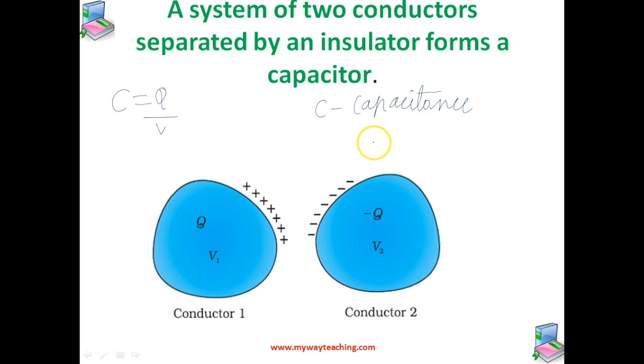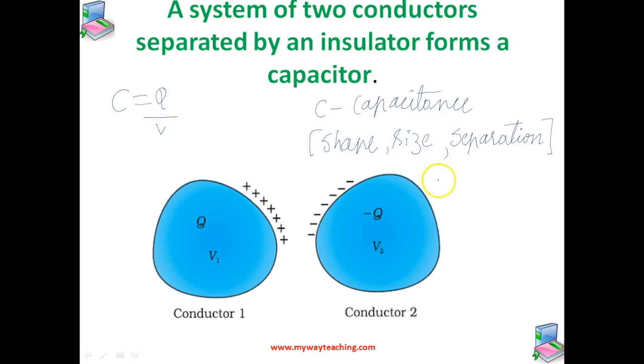The capacitance depends only on the geometrical configuration, which means it depends only on the shape, size and separation of the system of two conductors.